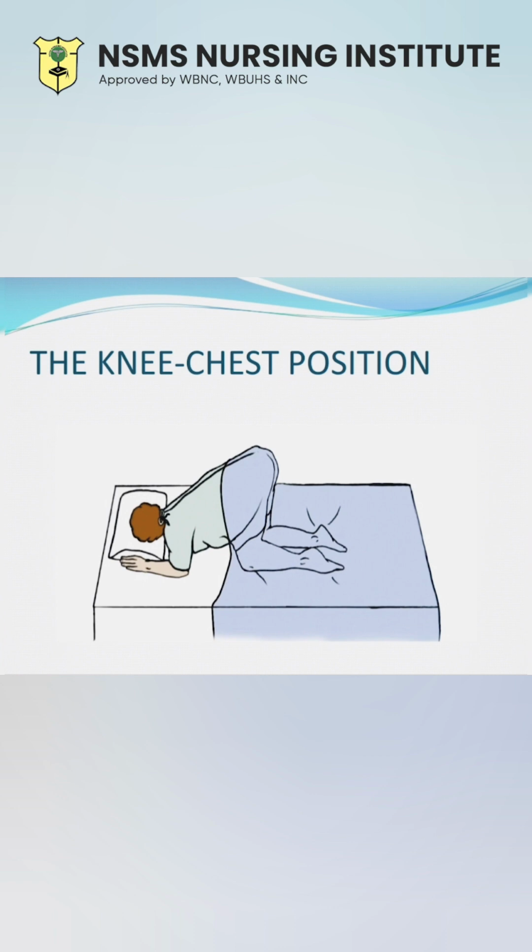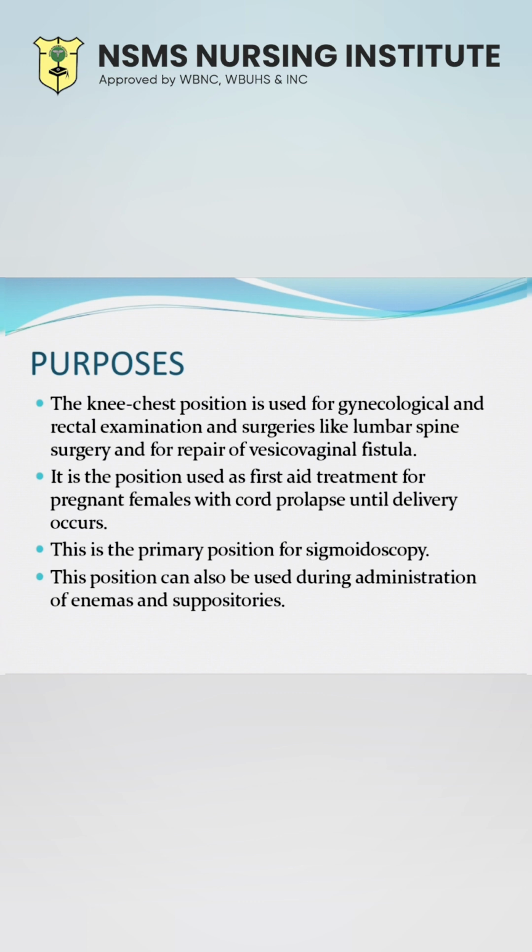The patient is draped to allow visibility of the rectal area and coverage of the rest of the body for warmth and modesty. Uses of knee-chest position. The knee-chest position is used for gynecological and rectal examination and surgeries like lumbar spine surgery and for repair of vesicovaginal fistula.